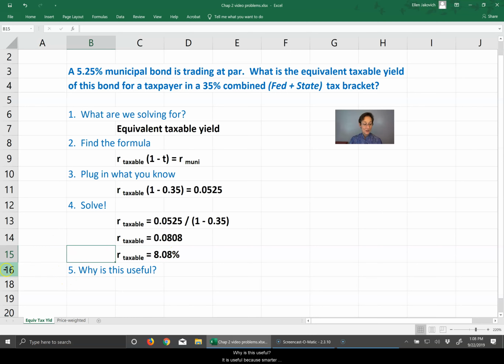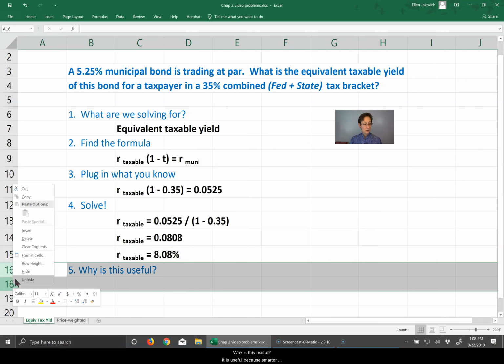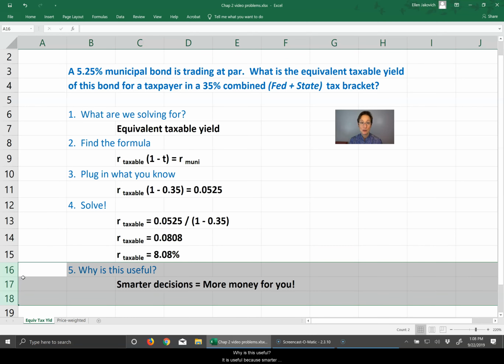So why is this useful? It is useful because smarter decisions means you get to have more money in your pocket. Basically, what you're looking at in this problem is, if you can find a bond that pays you 8.08%, it's the same as if you got a 5.25% municipal non-taxable bond.